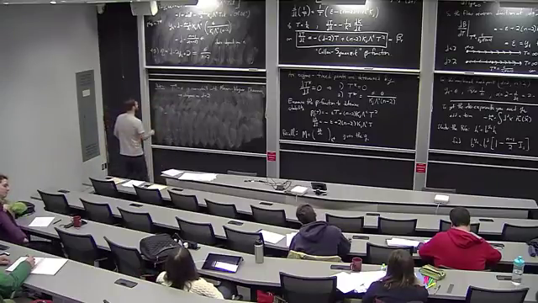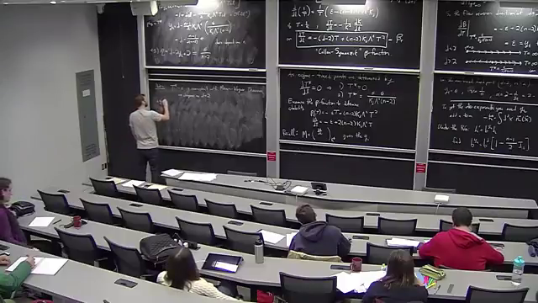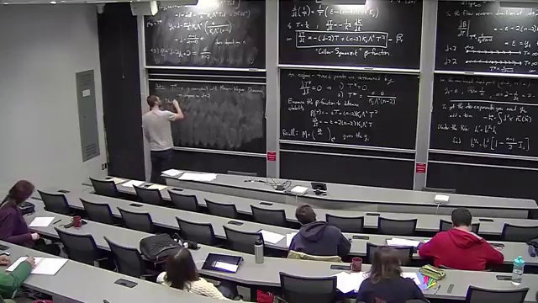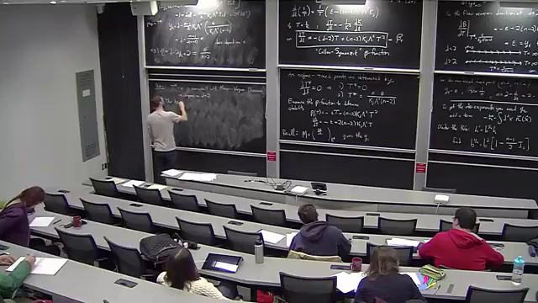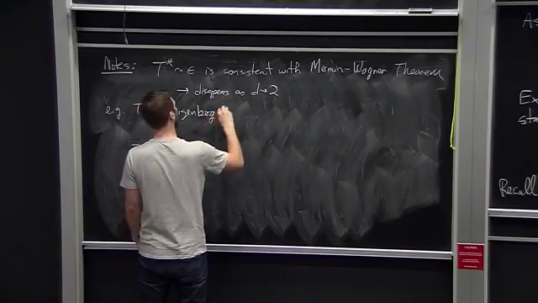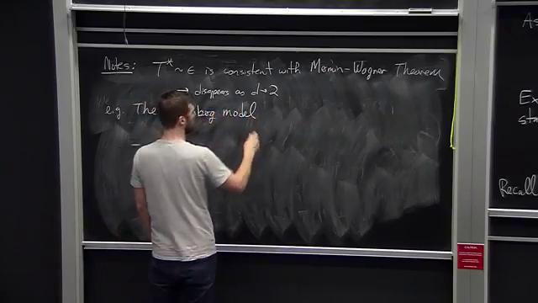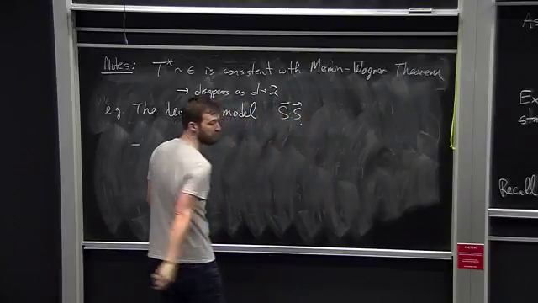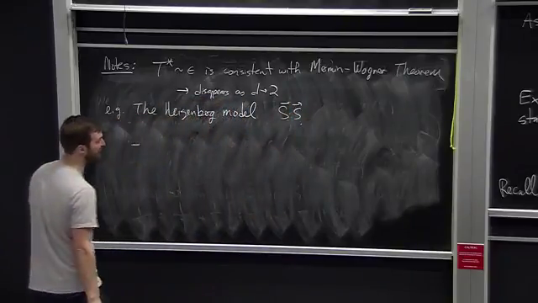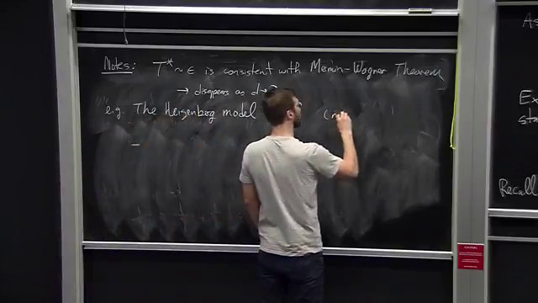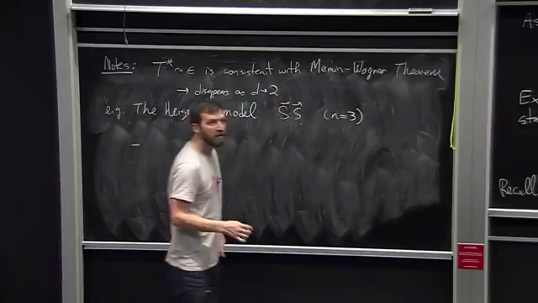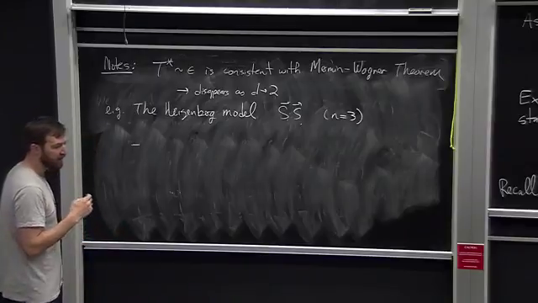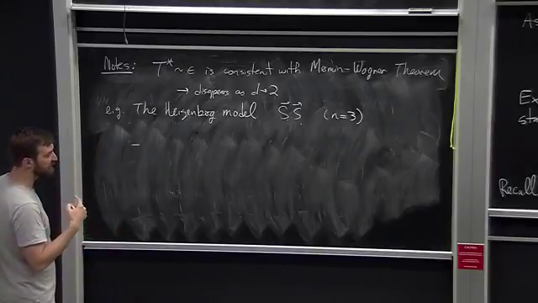So this would tell you that the Heisenberg model, which has 3 component spins, S_i dot S_j in the Hamiltonian, that's n equals 3. So these have finite T transitions for d greater than 2.